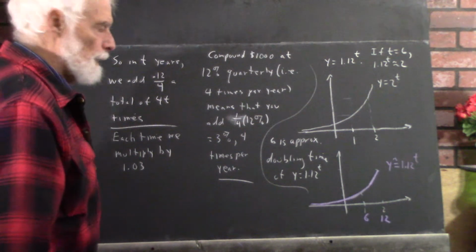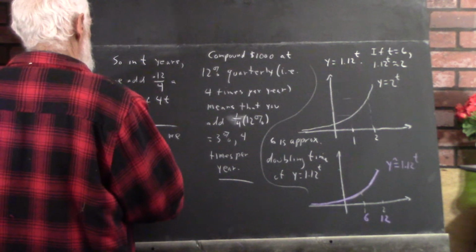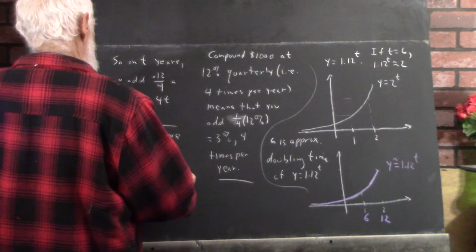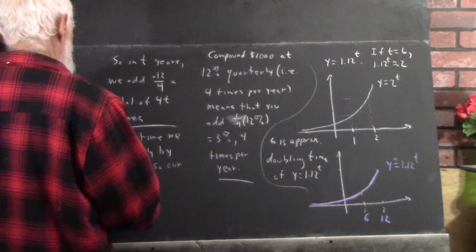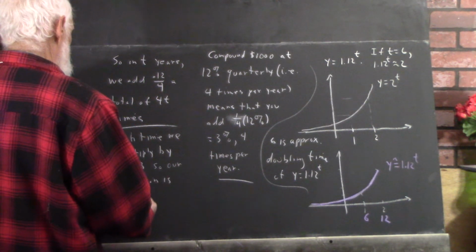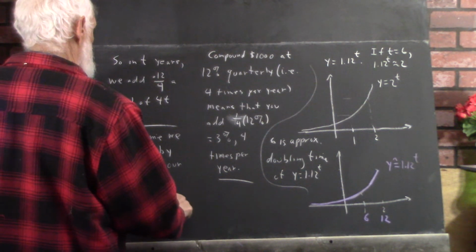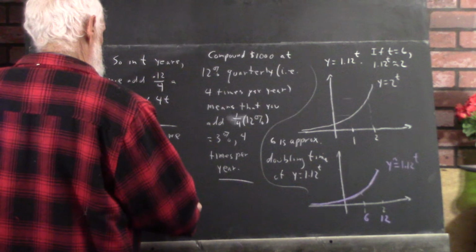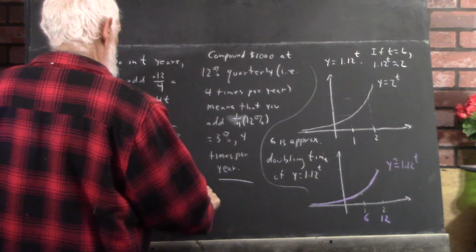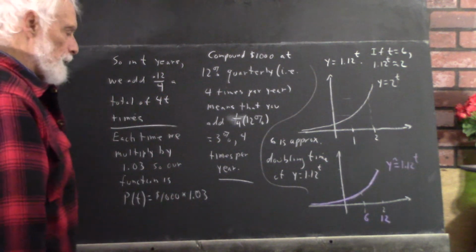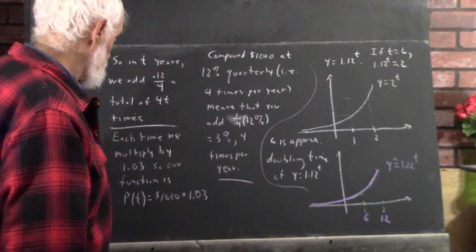Each time we multiply by 1.03. So our function is P of t equals $1,000 times 1.03. Now it's not 1.03 to the t. That's what we'd get if we only had 3% annual interest.